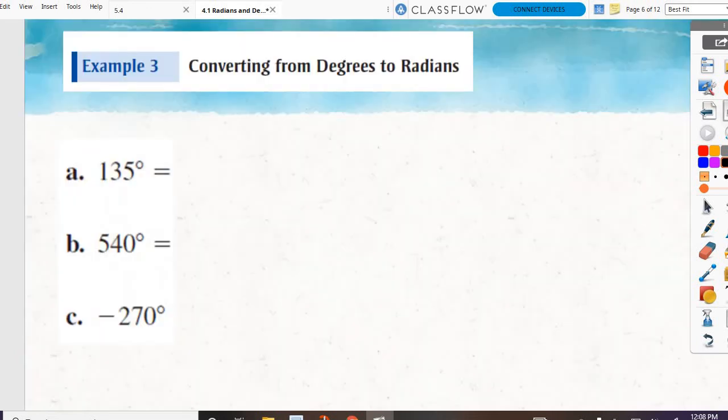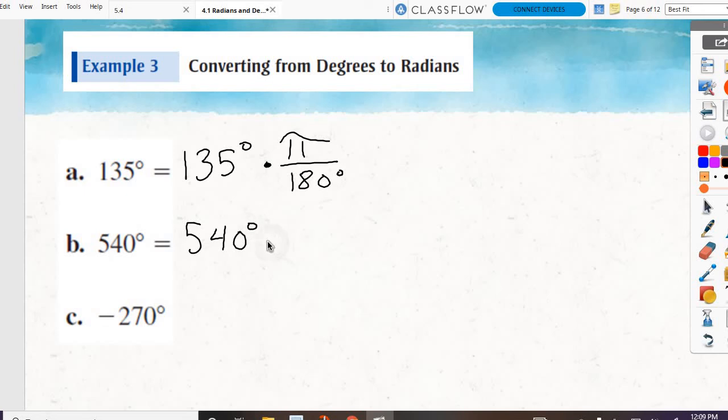So let's do some examples. If I have 135 degrees and I want to switch to radians, what do I want to multiply by? Pi over 180. Now, since all of these are in degrees, I'm going to multiply by the same thing.